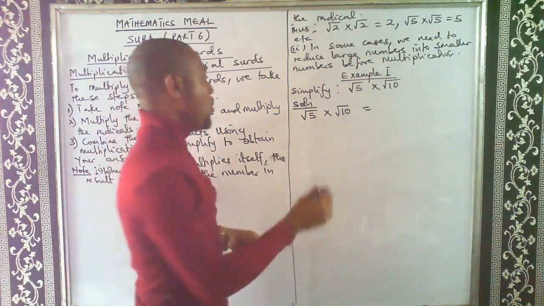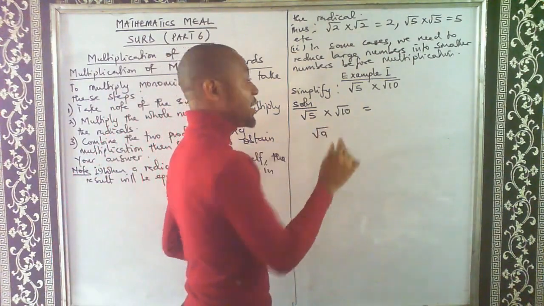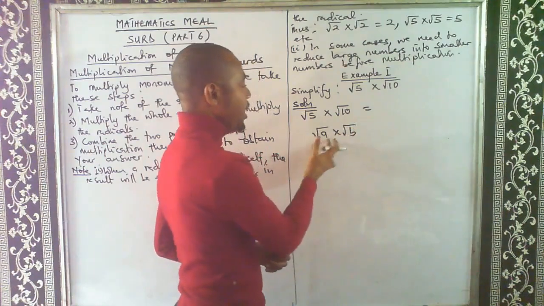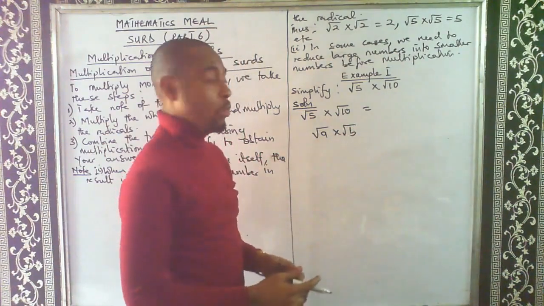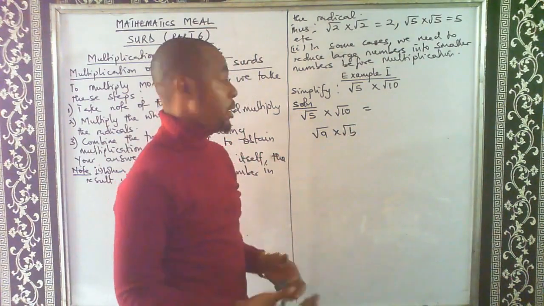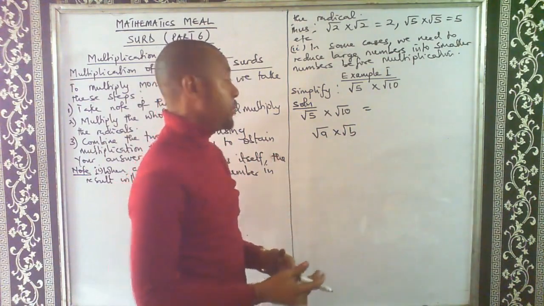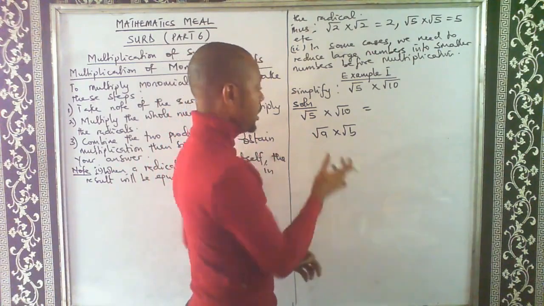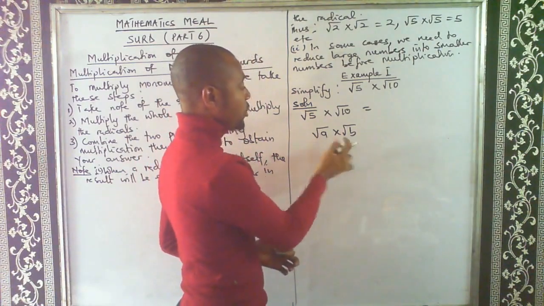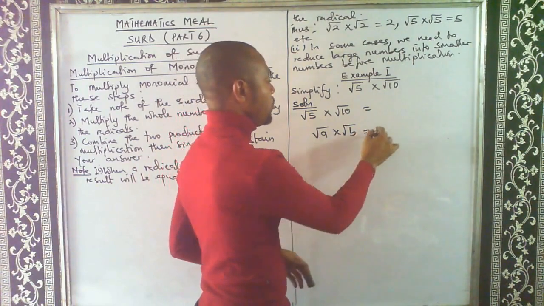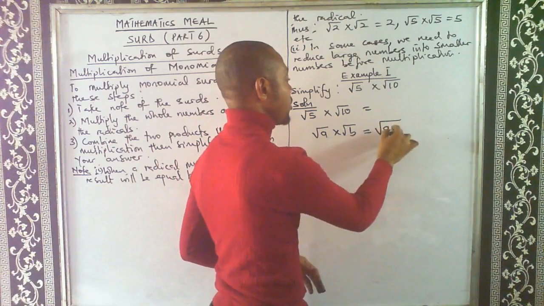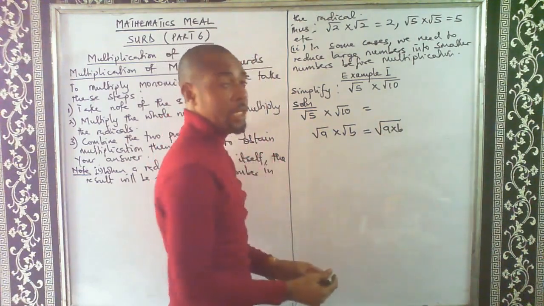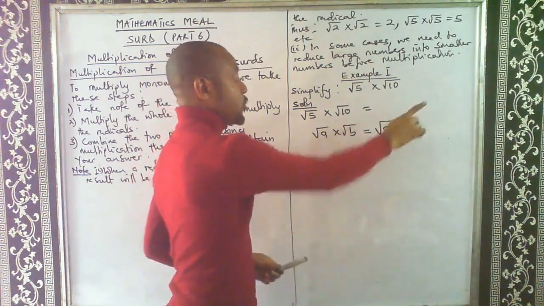Remember our basic law in our second video, part 2 of surds. We gave this basic law that if a and b are positive whole numbers, when we have square root of a times square root of b, we can have it as square root of a times b. So when they are separate, we can bring them together under a common square root sign.